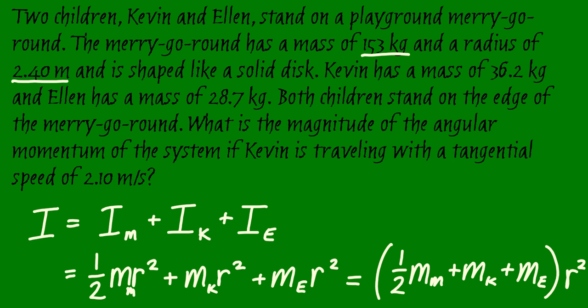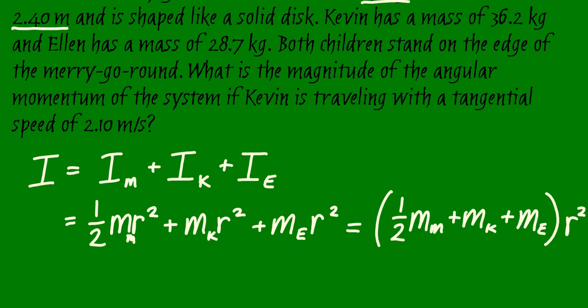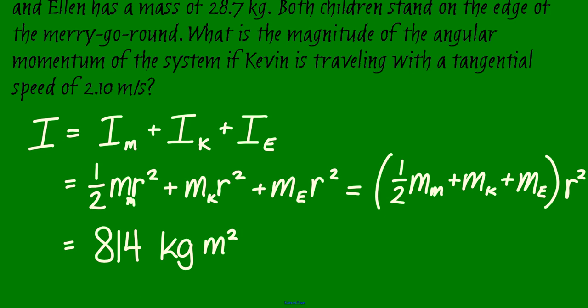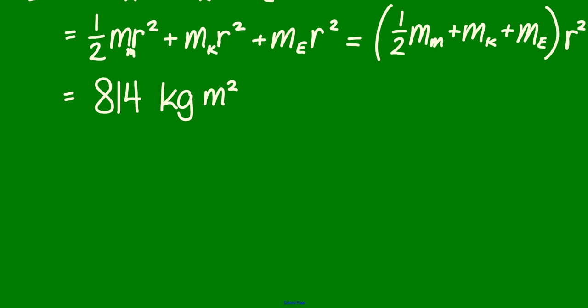Go ahead and pause the video, plug those numbers in, and unpause once you have an answer. Hopefully you calculated the moment of inertia to be 814 kilogram meters squared. Now that I have that moment of inertia, I know that I can plug that into my angular momentum equation.